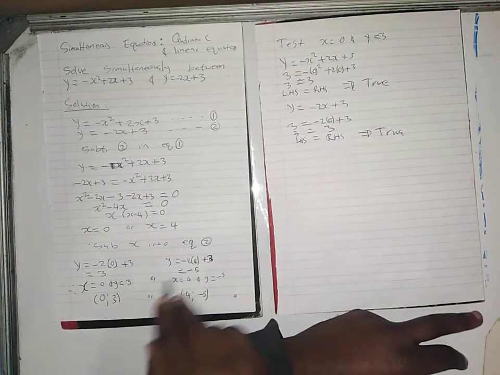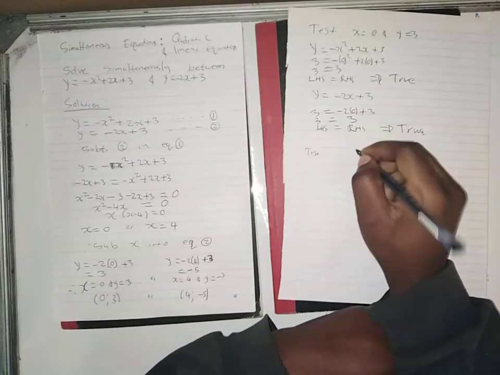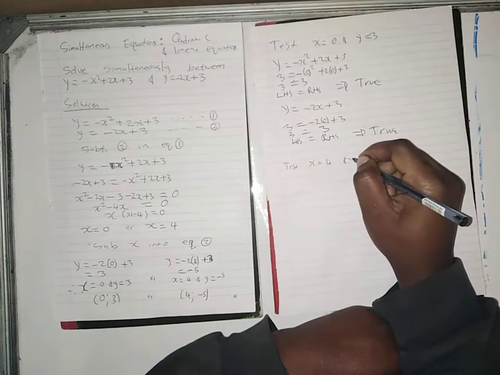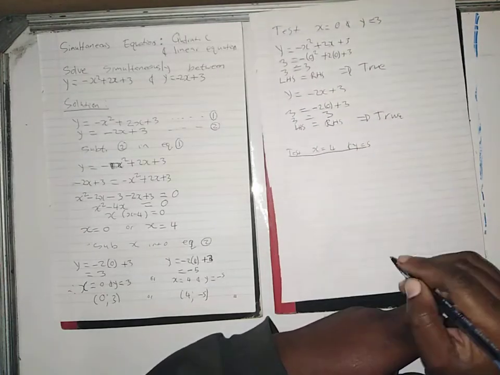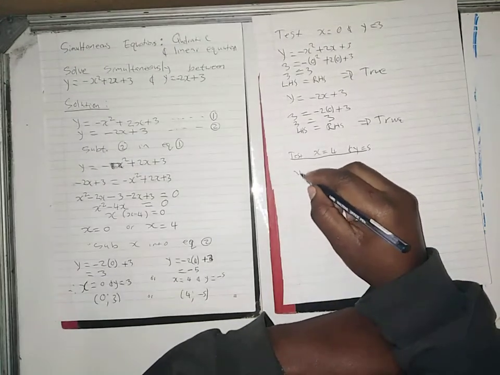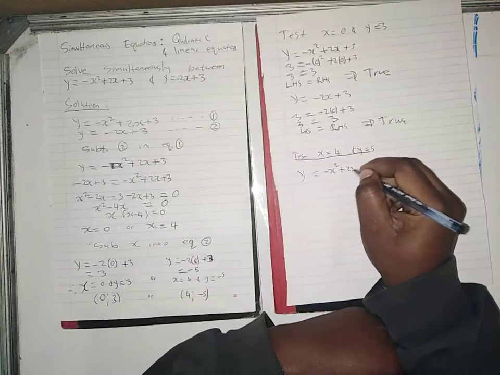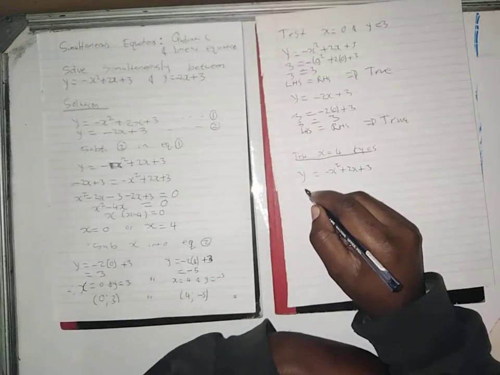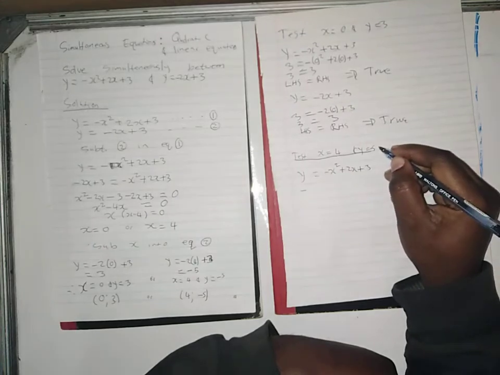Okay, now let me test this one. So I'm testing what? x is equal to 4 and y is equal to minus 5. Okay, let's test the first equation. Y is equal to minus x squared plus 2x plus 3, right? And then in place of y we put what? We put minus 5. You must be very careful, guys.